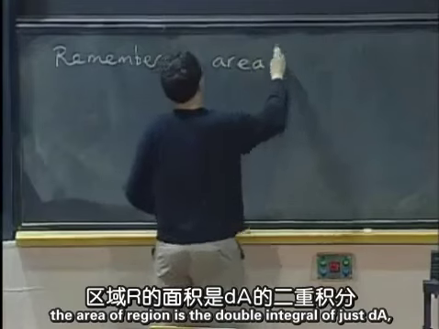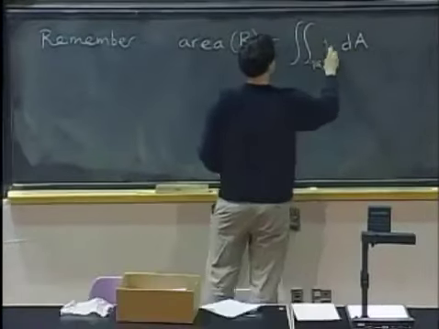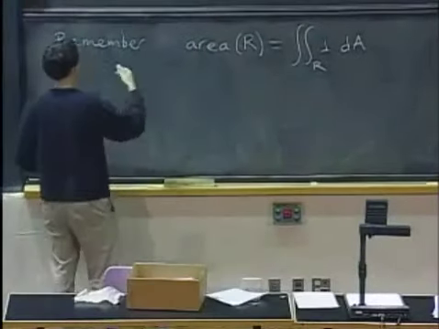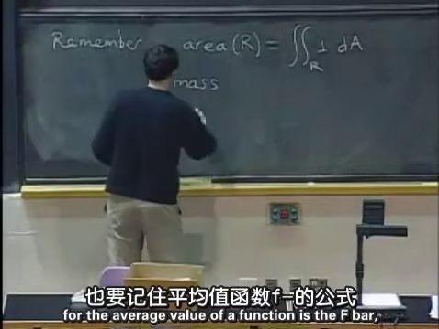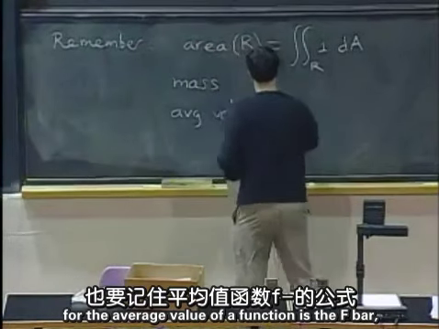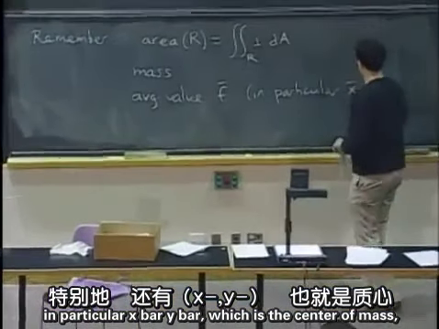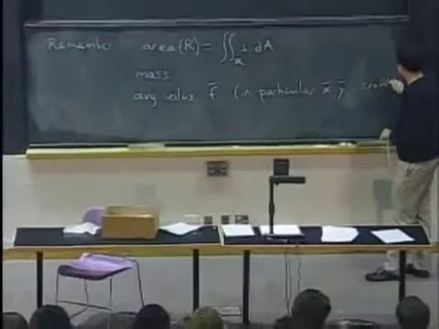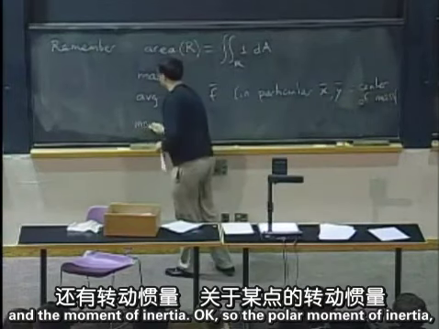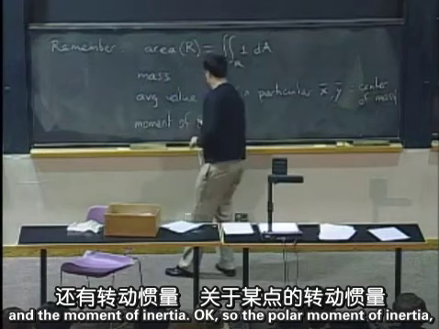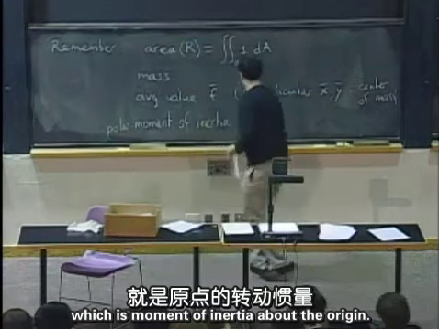So for example, the area of a region is the double integral of just dA. If it helps you, 1 dA if you want. You're integrating the function 1. You have to remember formulas for mass, for the average value of a function, f bar, in particular x bar, y bar, which is the center of mass, and the moment of inertia, in particular the polar moment of inertia, which is the moment of inertia about the origin.